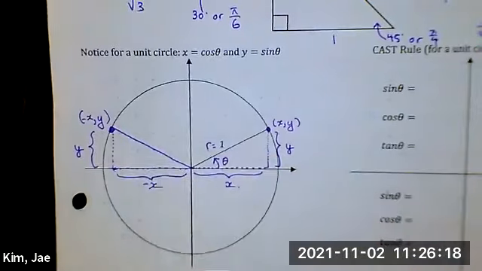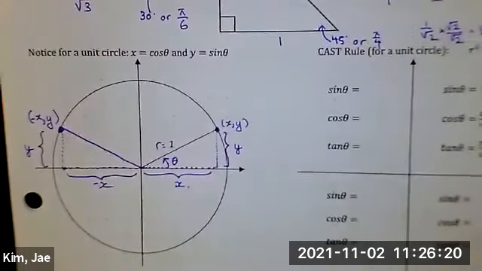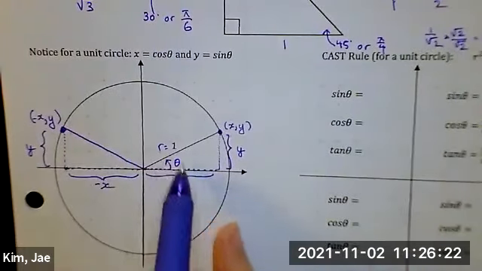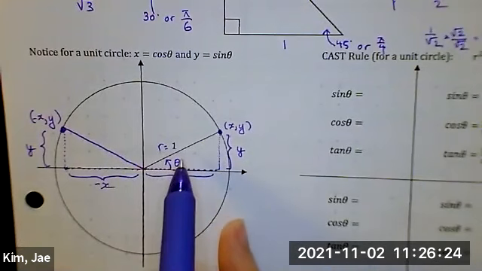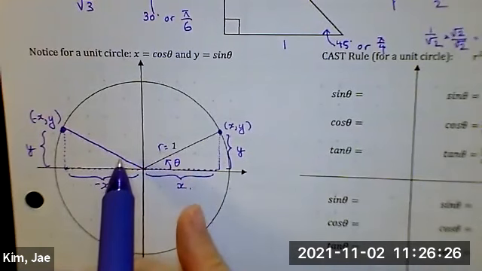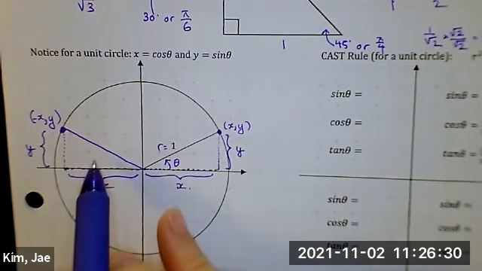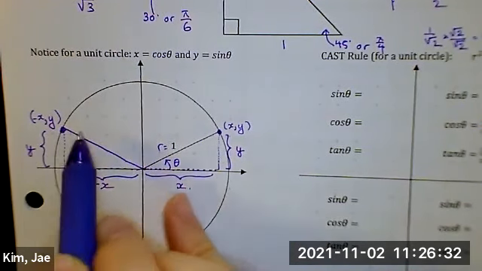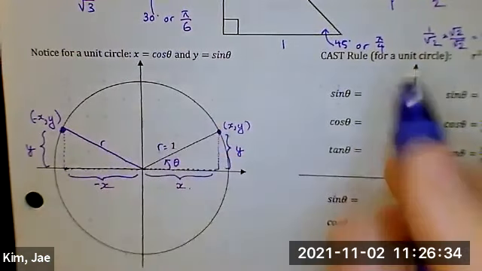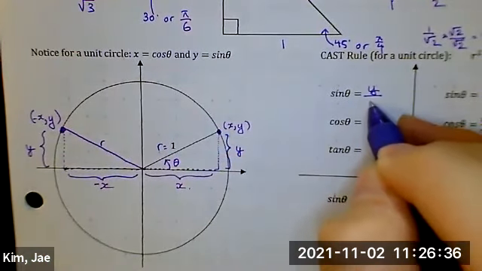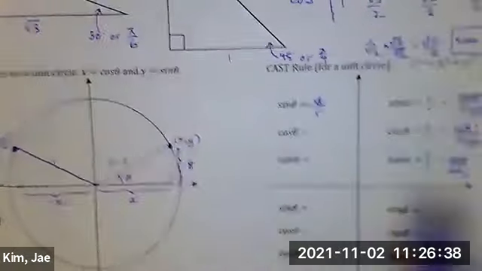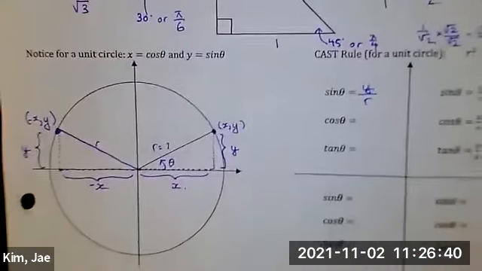So let's talk about this angle for a second. If I'm dealing with the same angle here, let's say 30 degrees, but it's in quadrant 2, sine is opposite over hypotenuse, a positive y over a positive r. Nothing changes.